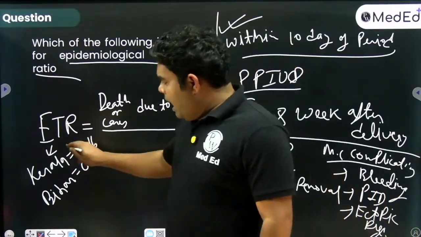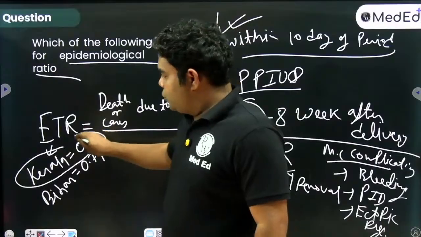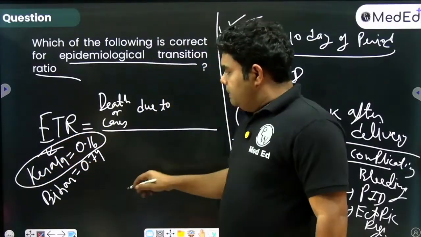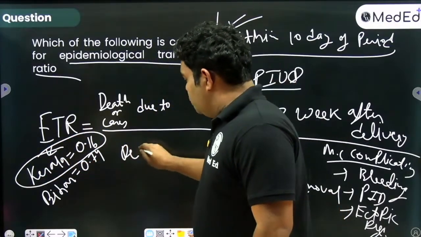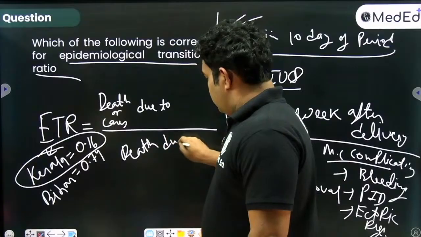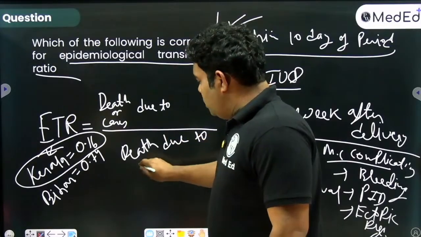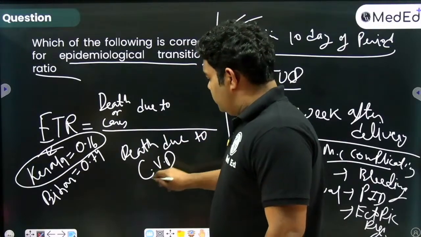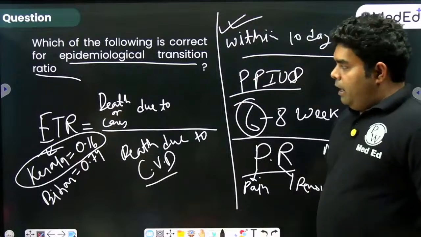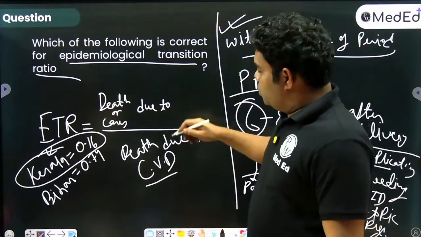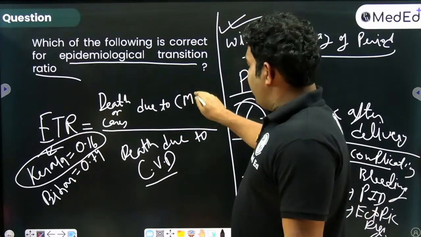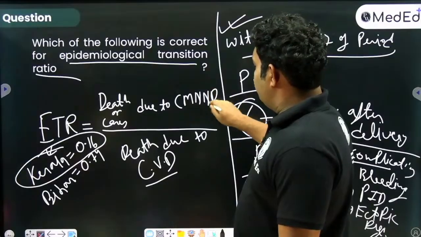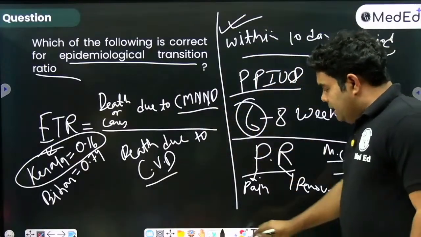So if Kerala has a low epidemiological transition ratio, it means the death due to cardiovascular disease we write below, and death due to CMNND. What is the full form of CMNND?